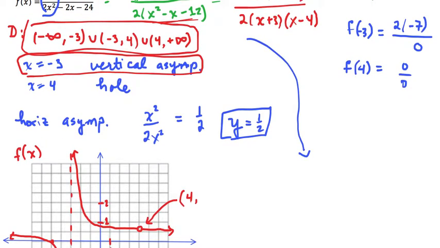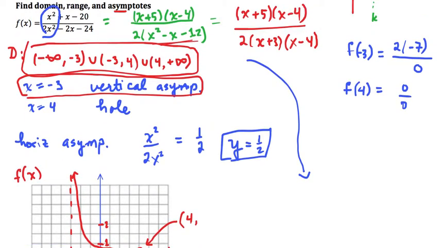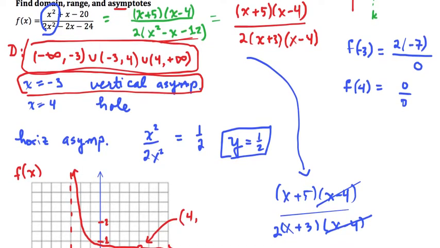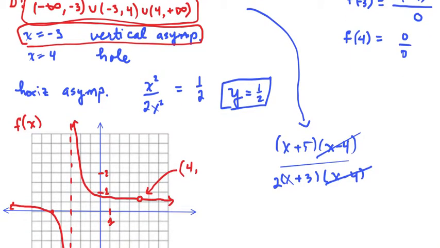What we have here is (x plus 5)(x minus 4) over 2(x plus 3)(x minus 4). We could simplify this a little by saying that this is really (x plus 5) over 2(x plus 3).